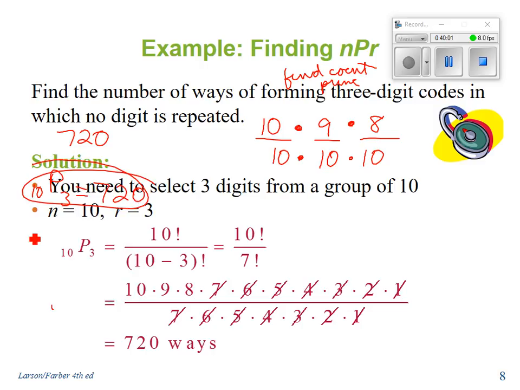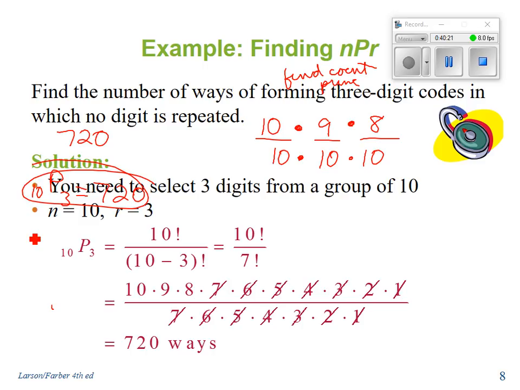Now, I did it out longhand here. Maybe you don't have a calculator one day and you need to do it longhand. We've got 10 factorial on top and 10 minus 3 factorial on the bottom, so we end up with 10 factorial on top, 7 factorial on bottom. Watch closely, because this way it makes sense.